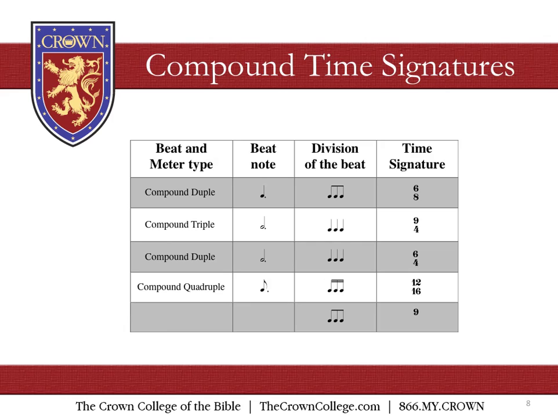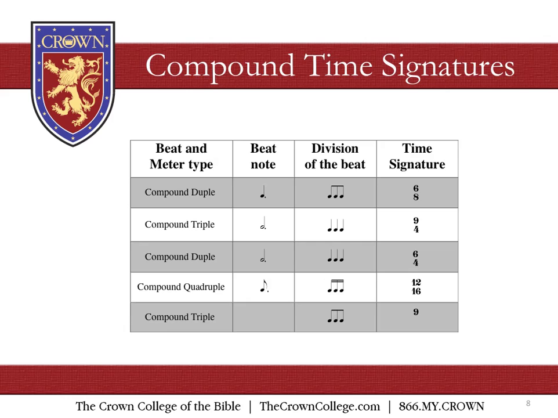Let's look at the last one. We're told the division of the beat and the top number of the time signature. Is that top number divisible by 3? Yes, it is. What is 9 divided by 3? It's 3. That tells us that we are dealing with a triple time signature. So we have a compound triple time signature. What's our beat note? Remember, our beat note is simply the division of our beat added together.